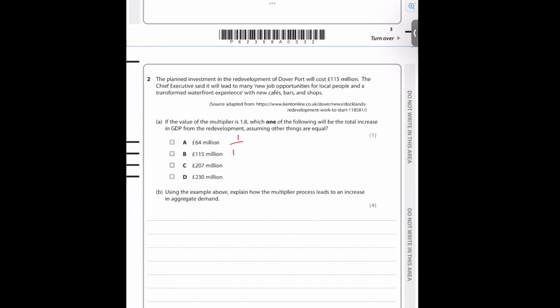You can do 1 over 1 minus MPC, or you can have 1 over MPW. Now in this case, they're giving us the value of the multiplier, so it's quite simple. What you do is you take your 115 million and you times it by the value of the multiplier, which is 1.8. So 115 times 1.8 is equal to 207 million. And that's it.